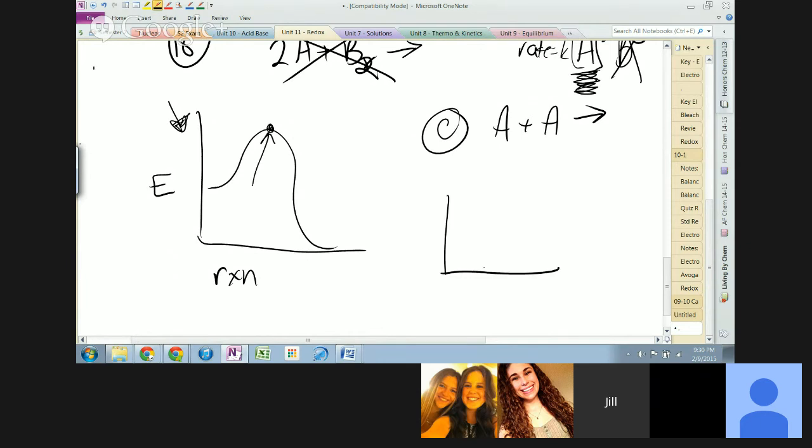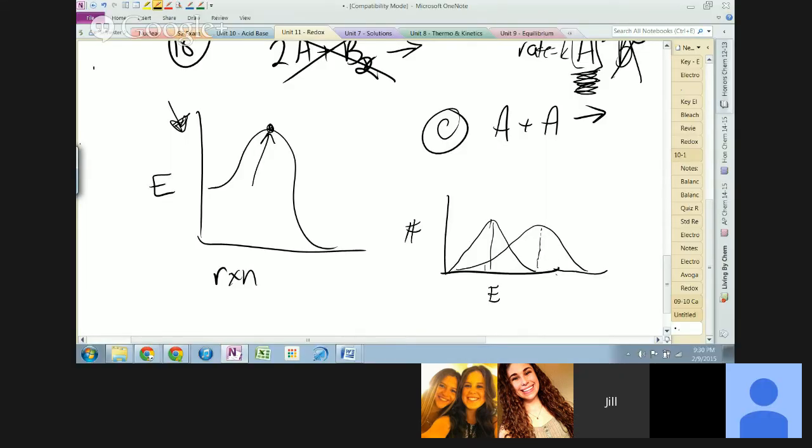With the Maxwell-Boltzmann distribution, I don't remember what the axes are offhand. I think it's energy and number. At one temperature, the graph might look like this, where most of the particles have this amount of energy, and if you heat it up, on average each particle has a little more energy.